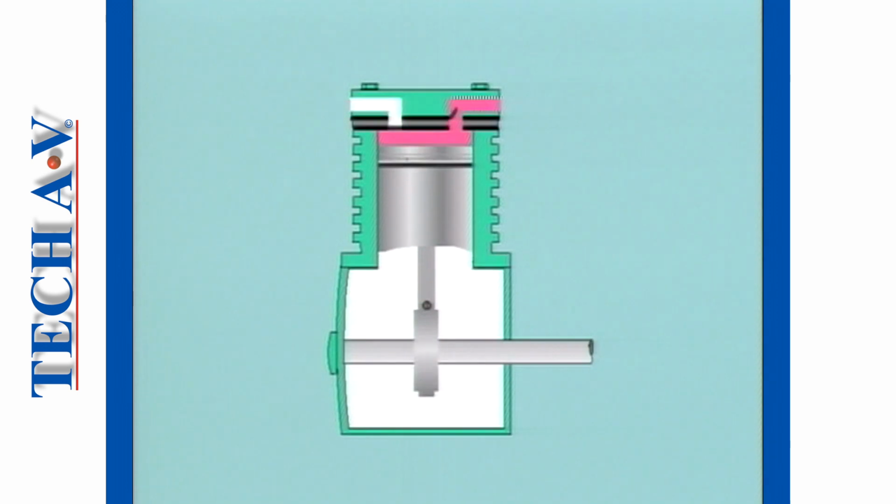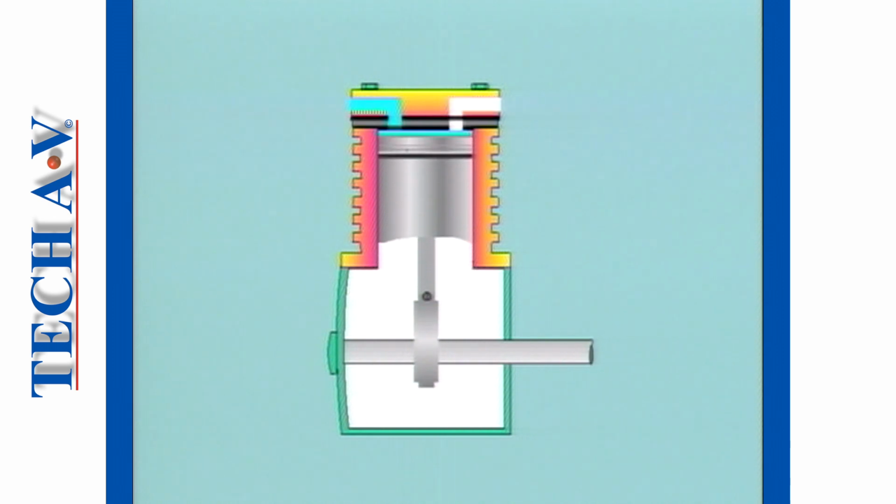In the process of compressing air, mechanical energy is converted into pressure energy. A great amount of heat energy is generated in this conversion process. The hottest parts of a compressor are where the compression takes place, namely in the cylinders and the head area.